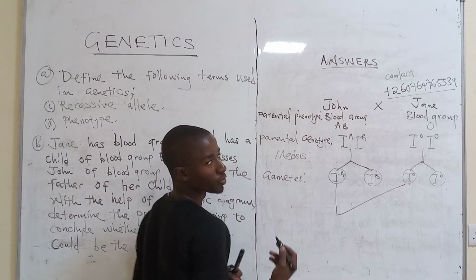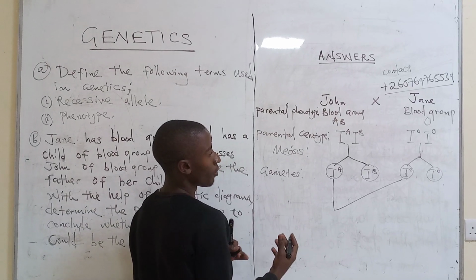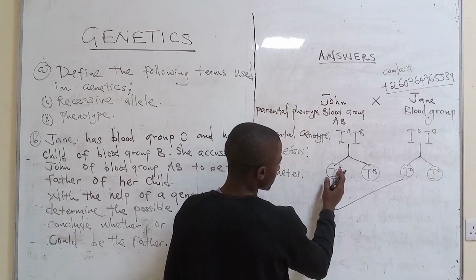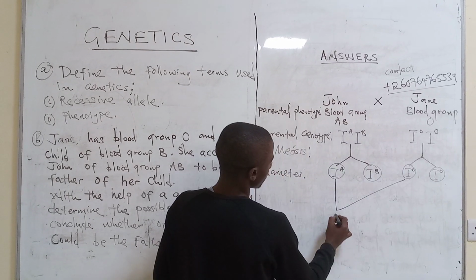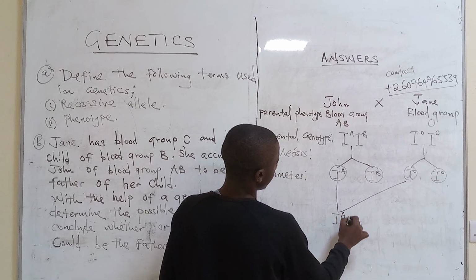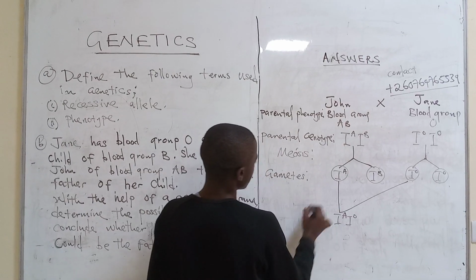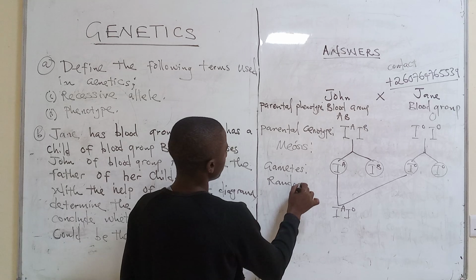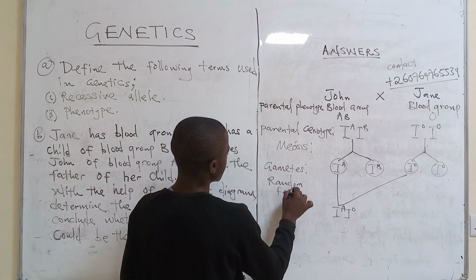Always start with the gene or blood group that is dominant. In this case, blood group A is dominant over O. So you see IA i, like that. So the process is what we call random fertilization.